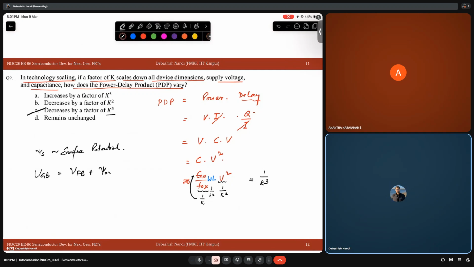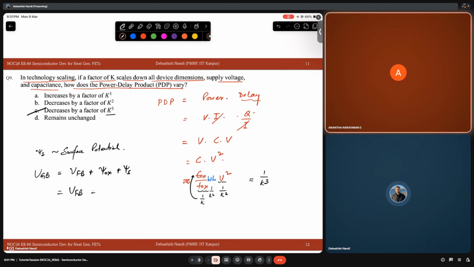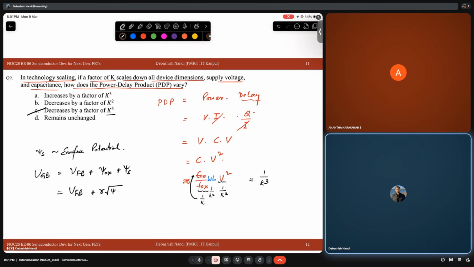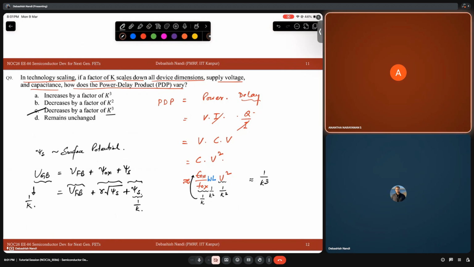In depletion, this is psi s. So your VGB is decreasing with 1 by k. Why won't your psi s decrease by 1 by k? Every term has to decrease by 1 by k, right?